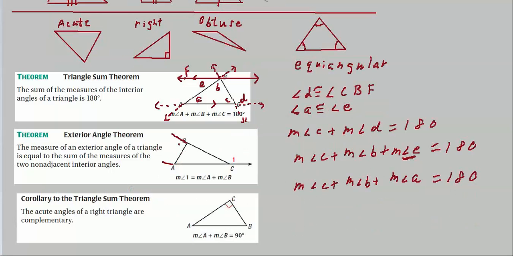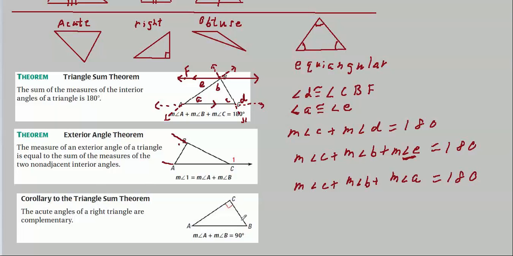And here's one that actually is called a corollary. The acute angles of a right triangle are complementary. What they really mean is the two angles that aren't the right angle. Here's the right angle, and what they're really saying is the other two angles.